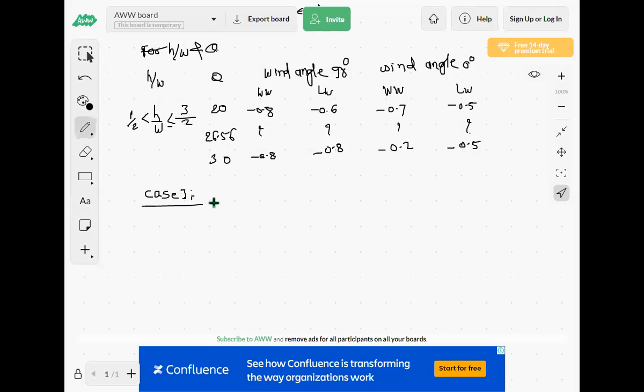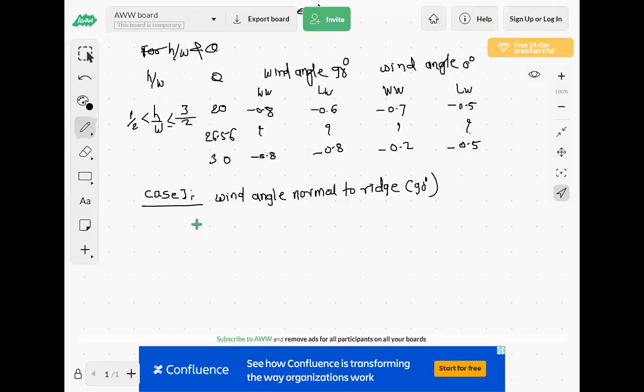What is case 1? Wind angle normal to ridge, which means 90 degree.